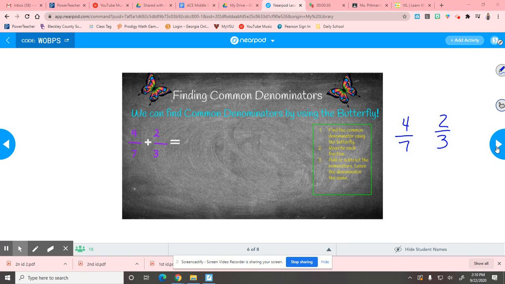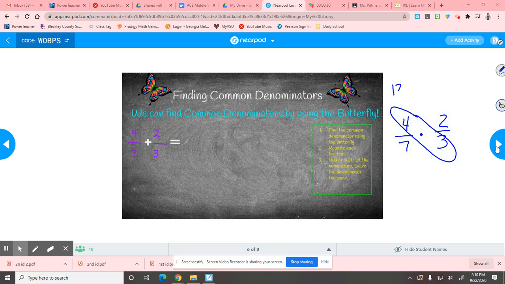What we're doing when we do the butterfly is cross multiplication. So when you circle right there to make that one wing, you're really doing cross multiplication. You're saying 4 times 3. What's 4 times 3? 12.